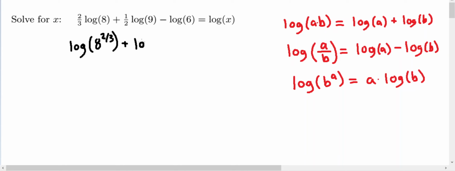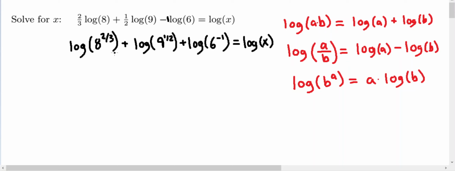So it'll be log of 9 to the 1/2. Now minus log of 6, technically this is a minus 1. So if we take the number -1 and raise it, then we're really doing this, plus log of 6 to the minus 1. And this doesn't change the right-hand side, log of x.